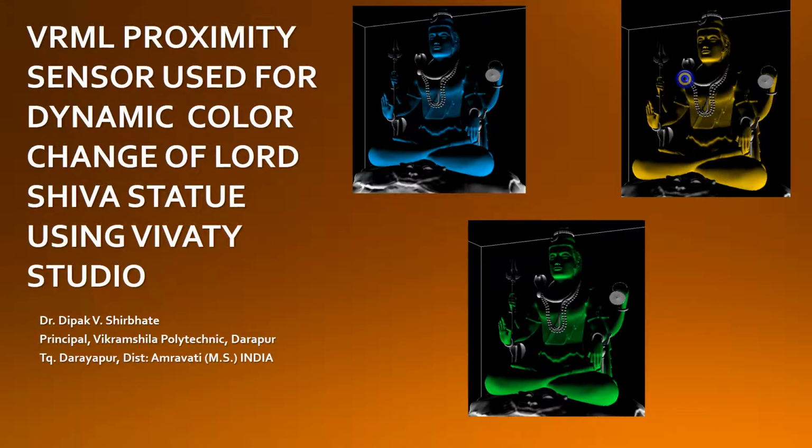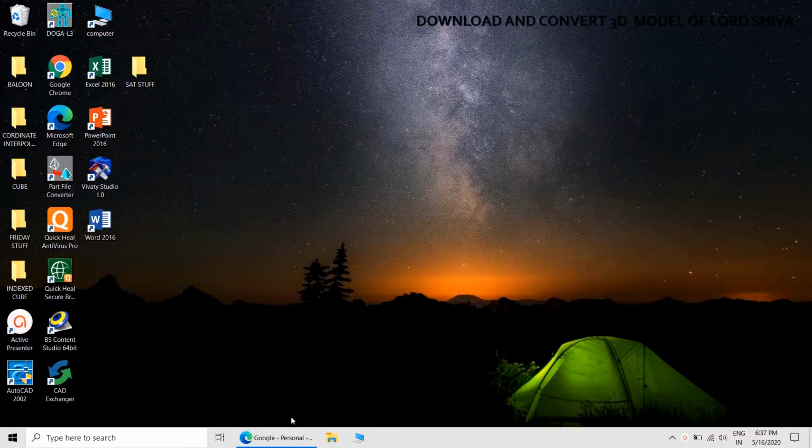As soon as you approach within that confined region, which is shown by the bounding box, there will be a triggering of the event and a change in the color. If you leave the box, the color will remain as it is. So let us start with this particular exercise.